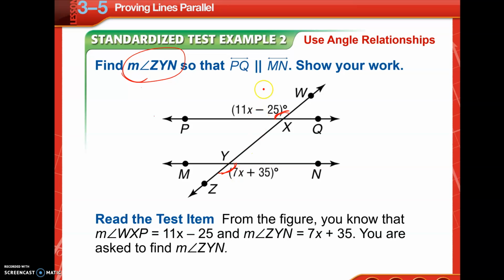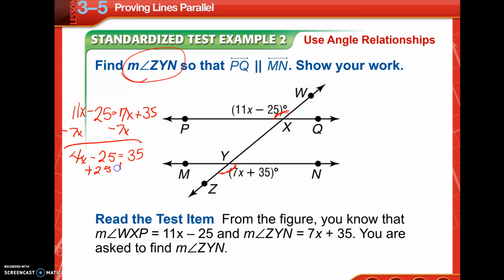So looking at those, they are alternate exterior, and if these lines are parallel, then these would have to be congruent, and I want them to be parallel. So if I put them congruent to each other and solve for x, subtract 7x, so 4x minus 25 equals 35, and add 25, 4x equals 60, and then divide by 4, x equals 15.